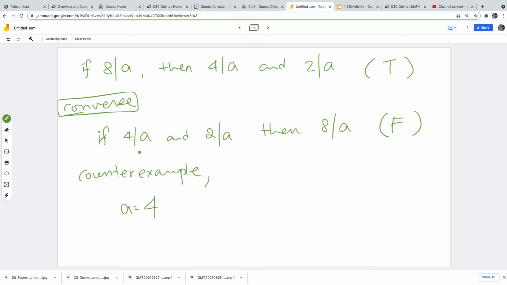So it is true for the if statement, but does 8 divide 4? No, it doesn't. So this is a good counter example that makes this converse statement false.